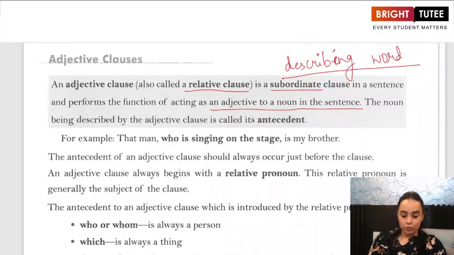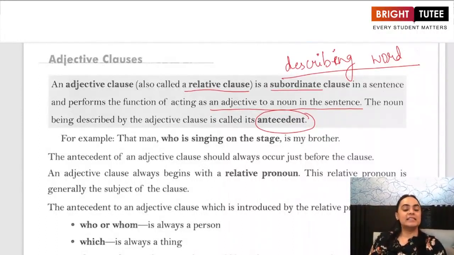And the noun which is described by the adjective clause is known as its antecedent. Remember, when we did the noun clauses, I told you that I talk about the antecedents when I teach you the adjective clauses. So what is an antecedent? Antecedent is the noun which comes before an adjective clause.